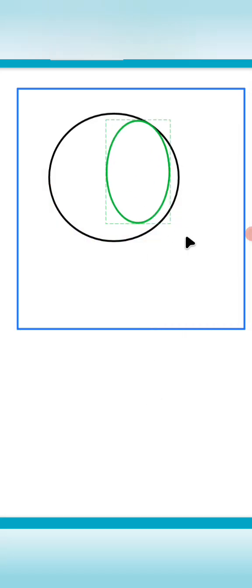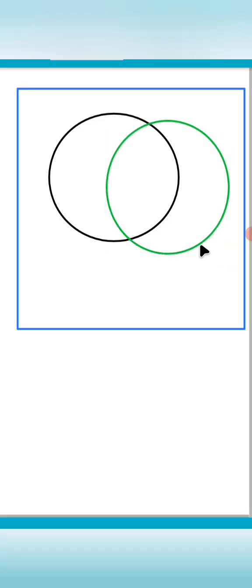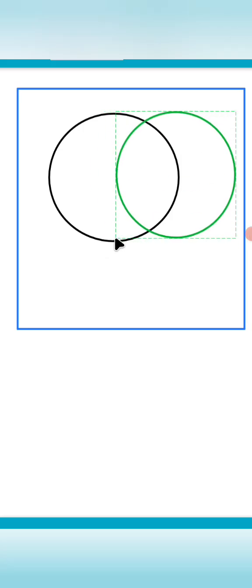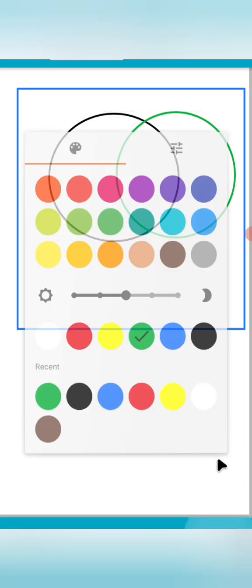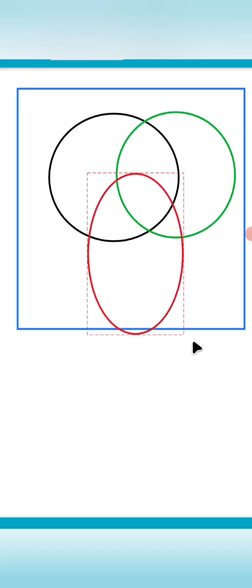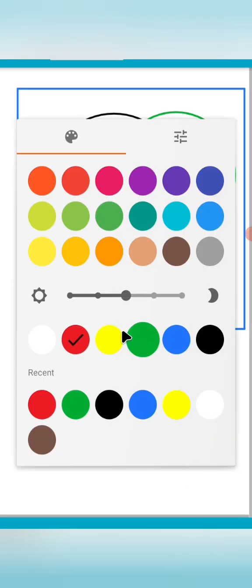So here I have this first circle right here, and I have the second, and I have the third circle right here. So this is it.